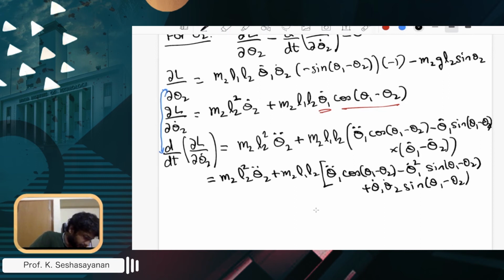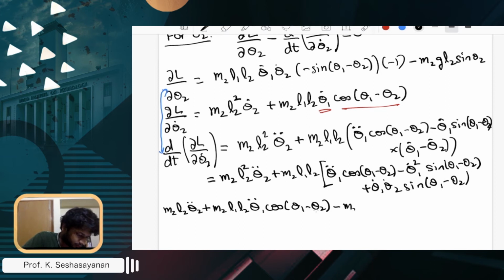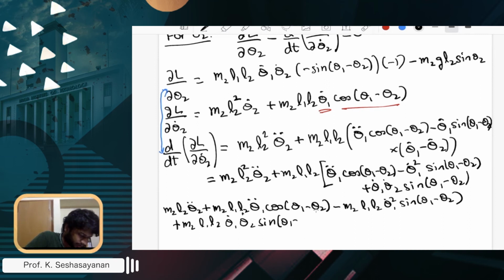So one gets m2 L2 squared theta 2 double dot plus m2 L1 L2 theta 1 double dot cos of (theta 1 minus theta 2), and then one gets minus m2 L1 L2 theta 1 dot squared sine of (theta 1 minus theta 2) plus m2 L1 L2 theta 1 dot theta 2 dot sine of (theta 1 minus theta 2). So this should be equal to the term above.